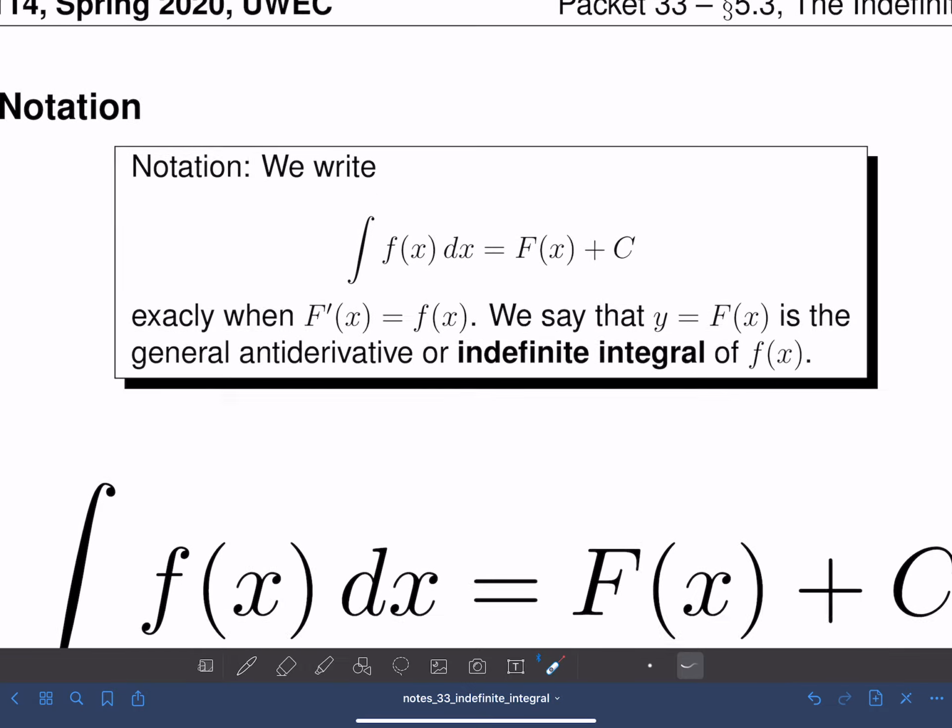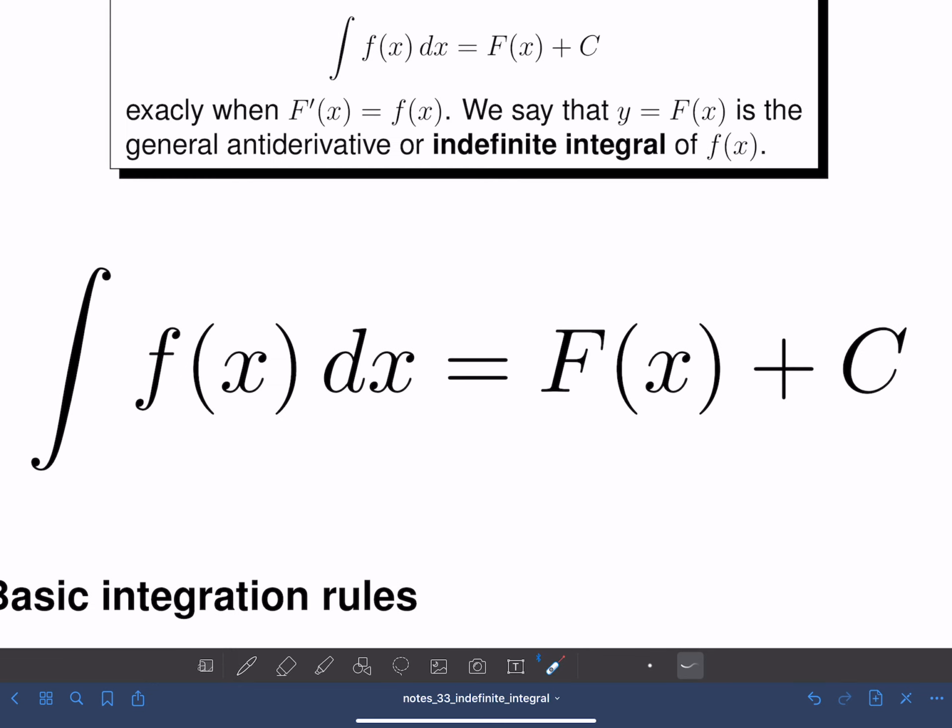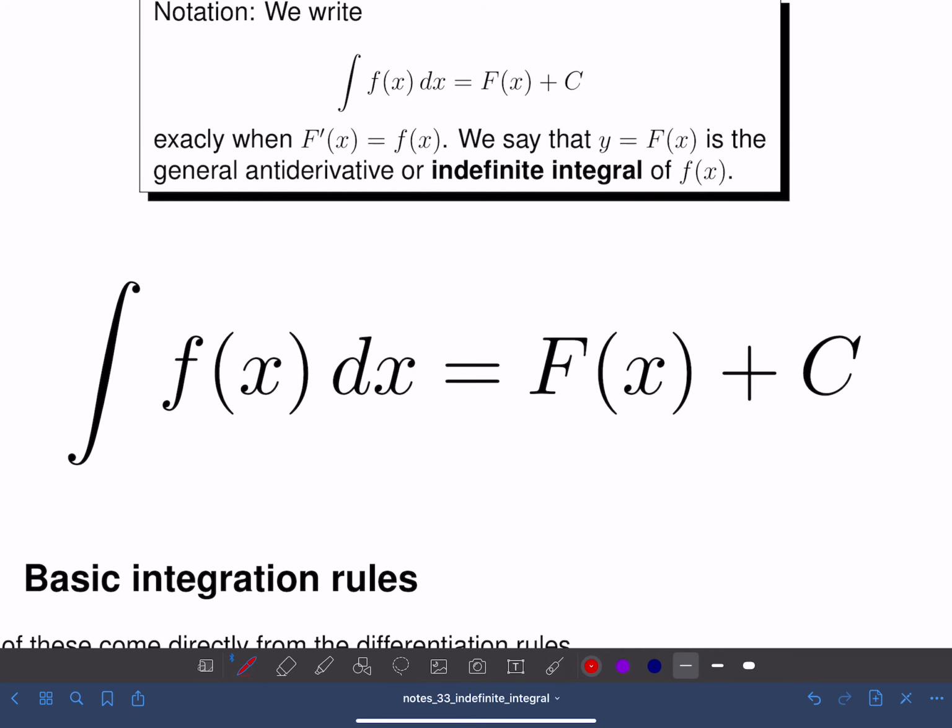There's some pieces to this thing, and I wanted to analyze those pieces, and that's why I put this giant integral into your note sheet. I certainly find it helpful to digest the individual pieces of it. That right there is just the integral symbol. That's a German S. This thing right here is the integrand, the function that we're integrating.